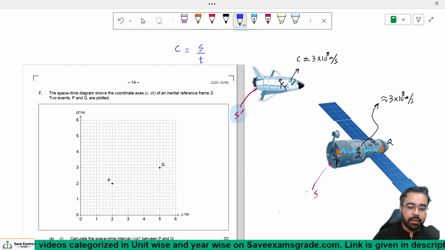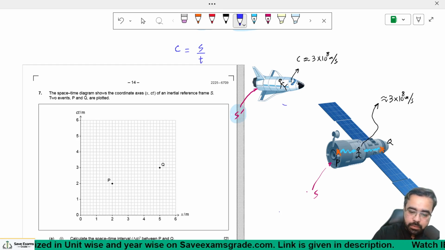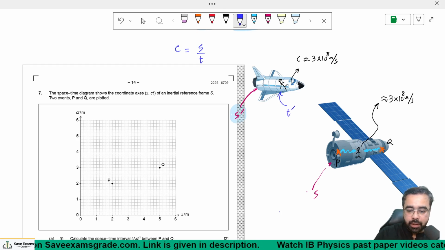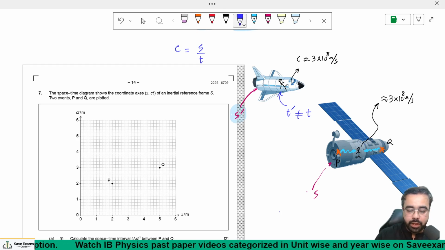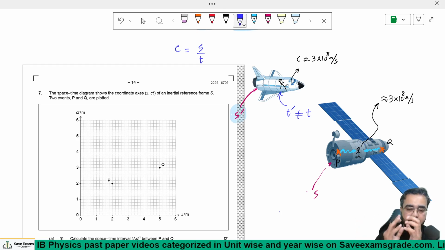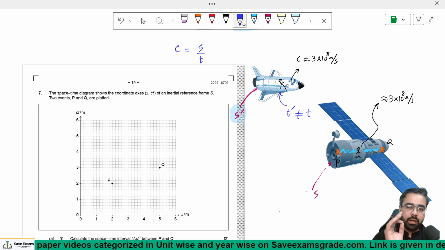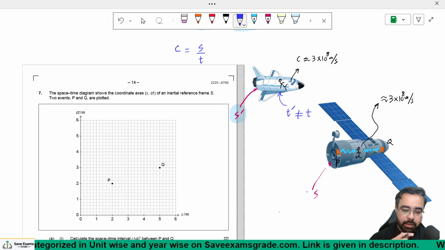For this reason, for this observer, the time t prime will not be equal to the time that this observer will measure. So their times will have a difference, not the speed. This is the meaning of invariant.